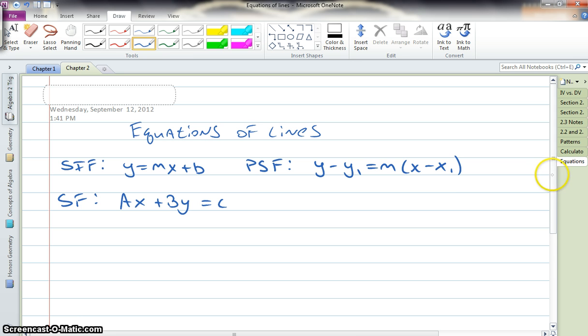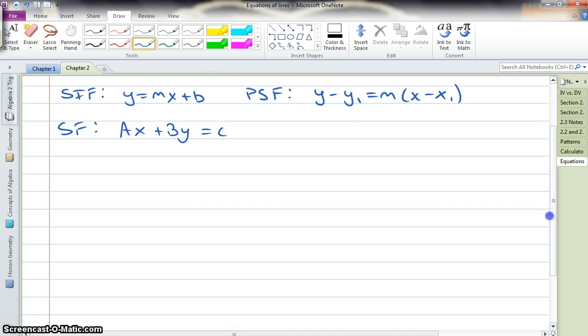Alright, so to start, let's say I gave you the information. You have a slope of 3 and the line passes through the coordinate 4, -2. And I want the equation of the line in point slope form.